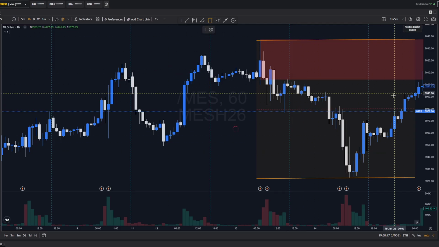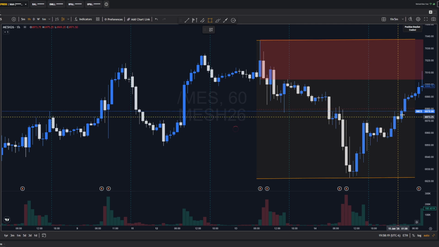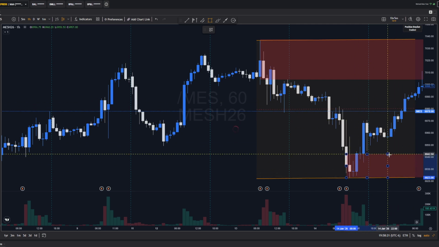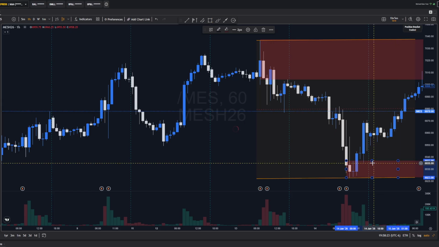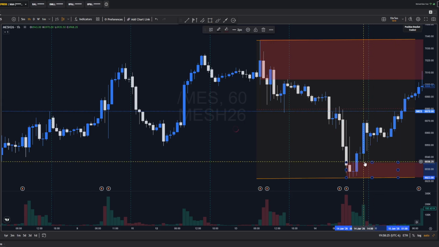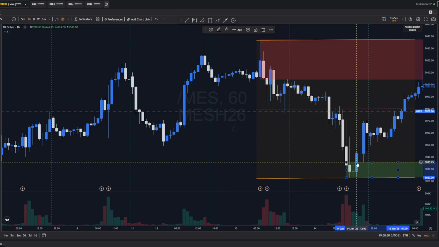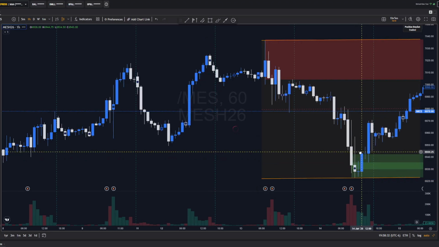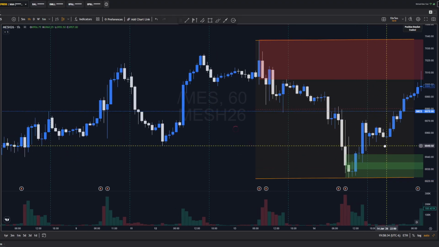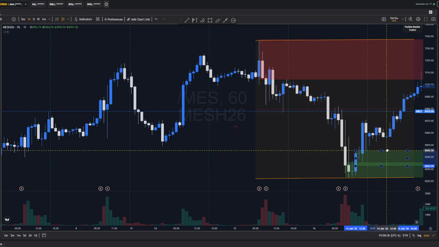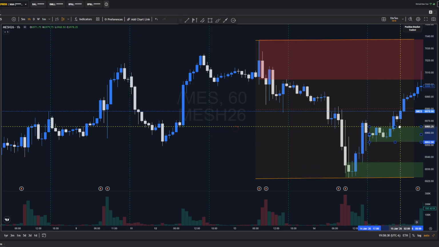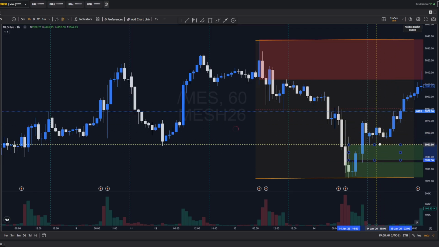Now let's look at what we have for demand. Just starting from the bottom, we have demand here. I'm gonna go under that wick right there. That's where those buyers are. More demand in here, more demand in here.